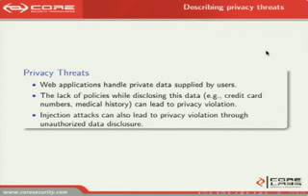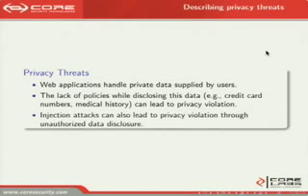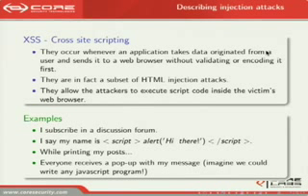So injection attacks can lead to this kind of privacy violation and end in private data disclosure. I'll go back. So it's important to define privacy policies over the data and to enhance them. I will make a quick review of the most popular injection attacks.